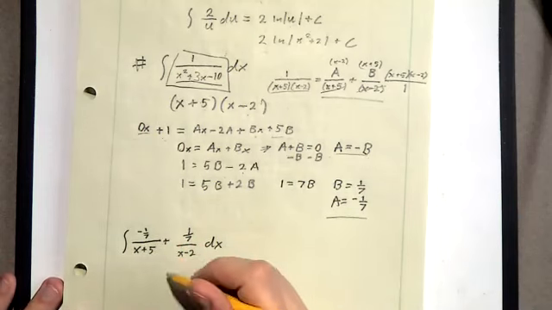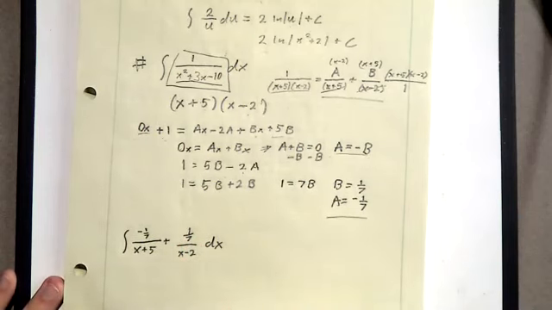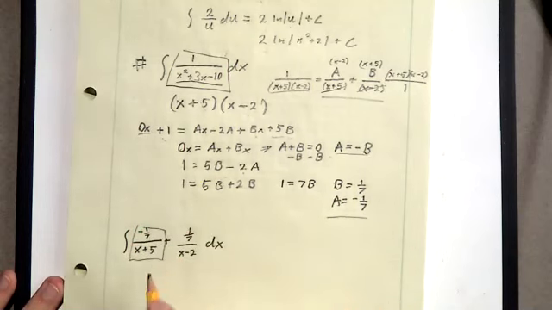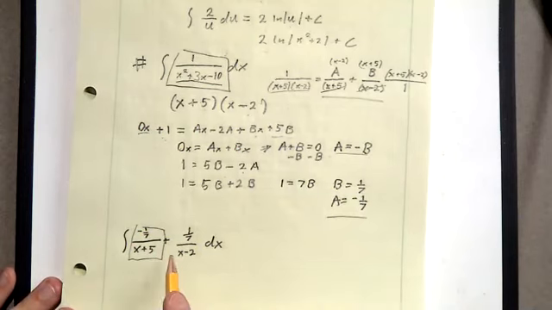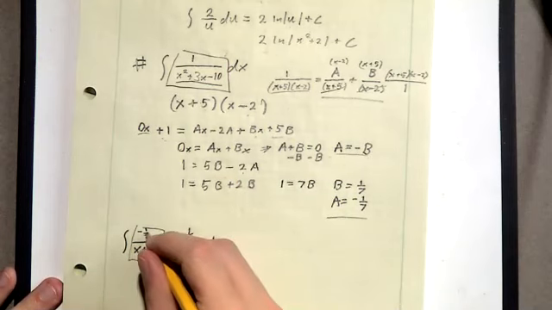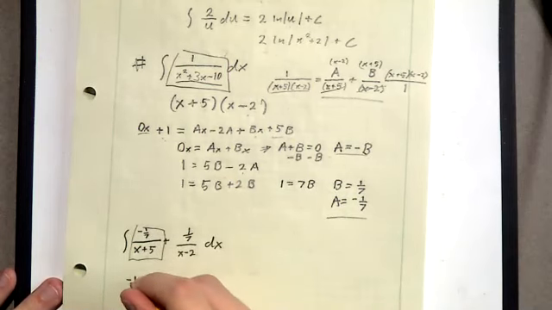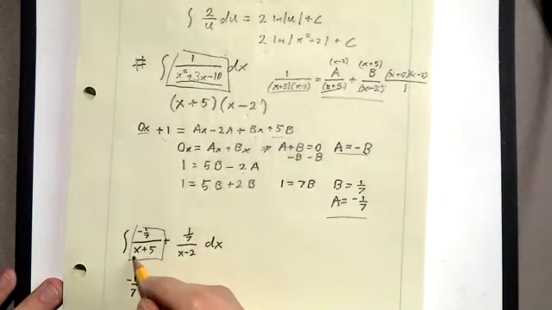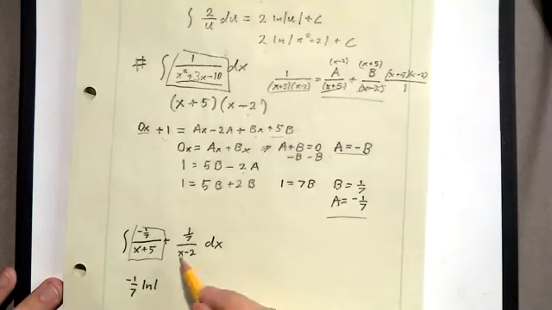And we can look at each of these separately since it's addition. So the integral of just this one, since we have x plus 5 on the bottom, it's single degree, so this will be a natural log integral. And then the constant here we can just move out, so we get -1/7 natural log. Since the derivative of the inside, x plus 5, is 1, we don't have to worry about U-substitution.